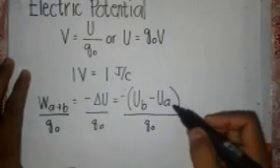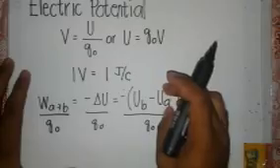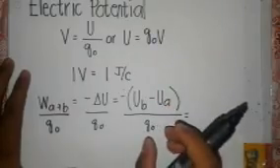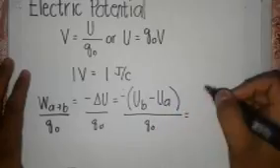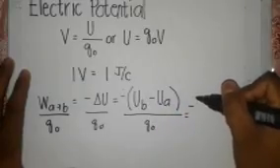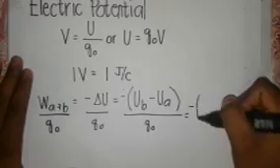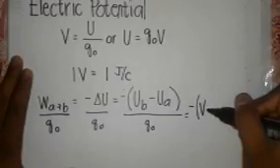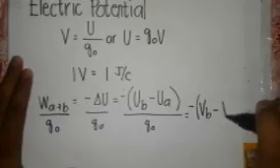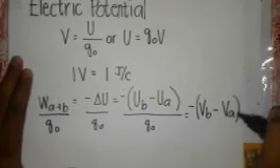The same goes for the potential energy at point A divided by the charge Q naught. So we get the negative of the potential at point B minus the potential at point A.